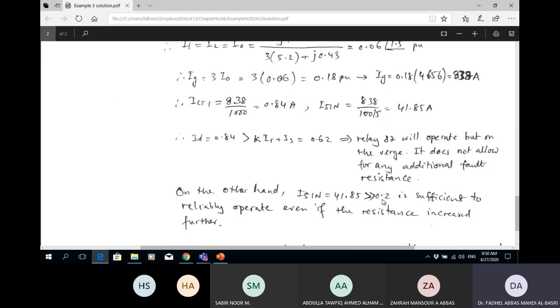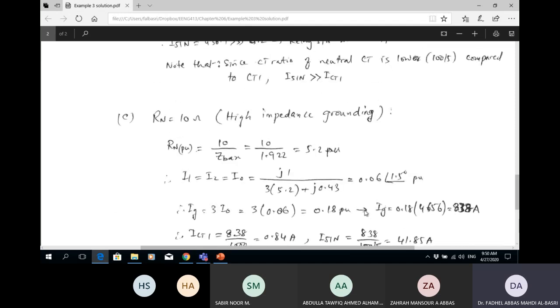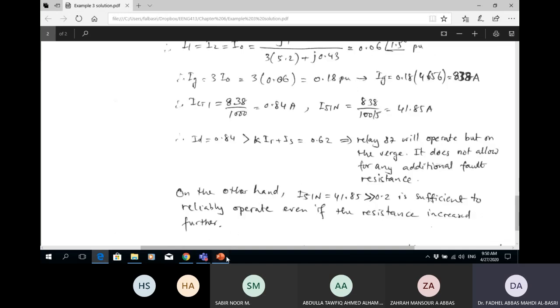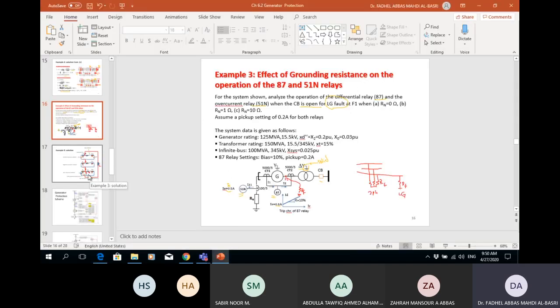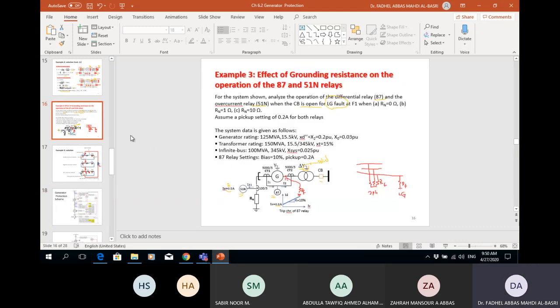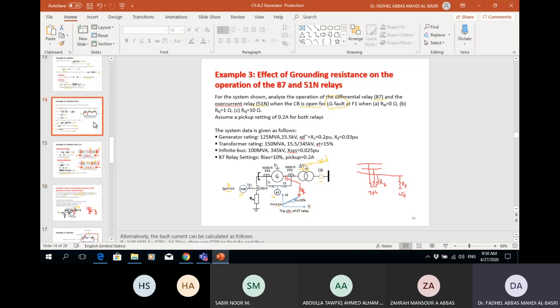So that's why we cannot rely totally on the differential relay to detect all types of faults, and we still need an overcurrent relay to protect the generator winding. There are other things that I have not completed. There are other things that you have to take into consideration.